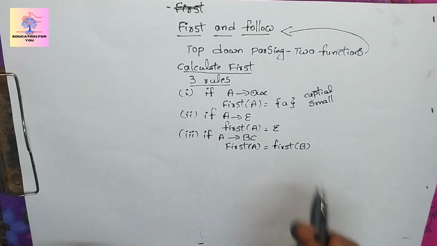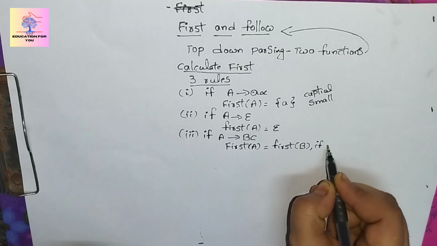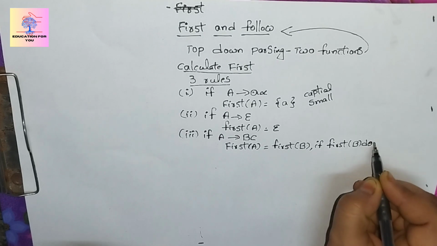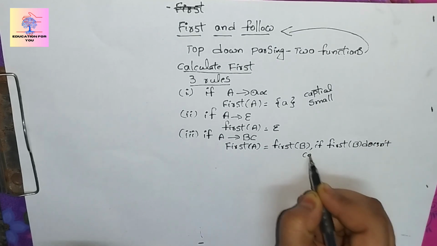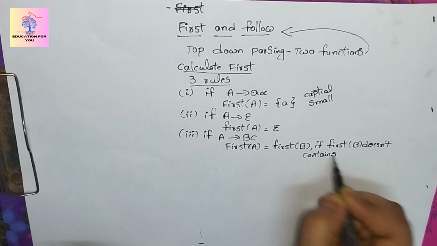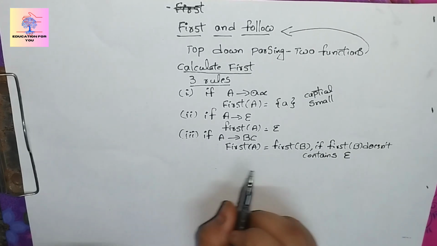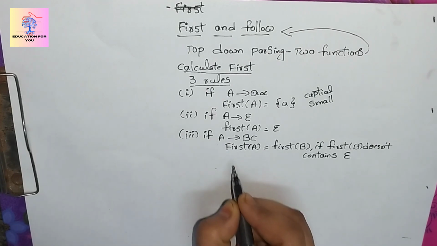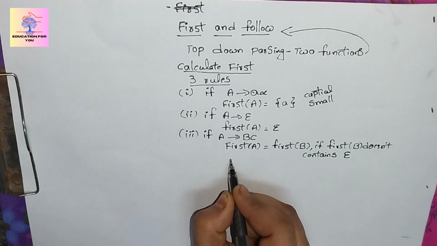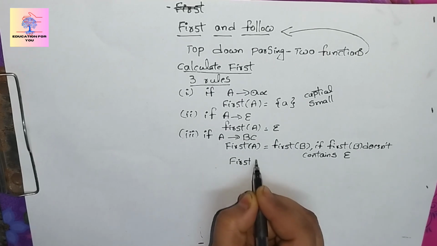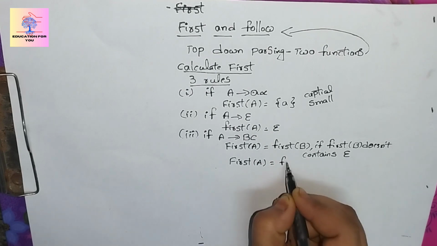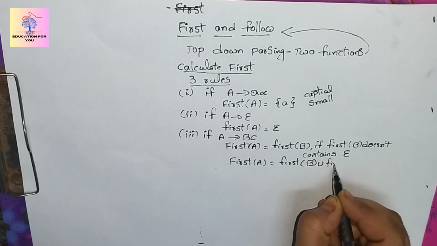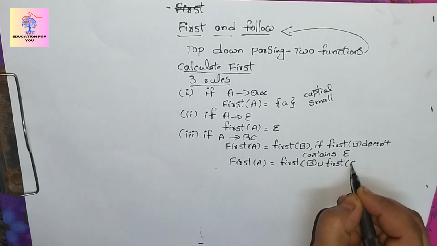This formula is applicable if first of B does not contain epsilon; then first of A can become first of B. If epsilon is there, then first of A can become first of B union first of C. When is that?